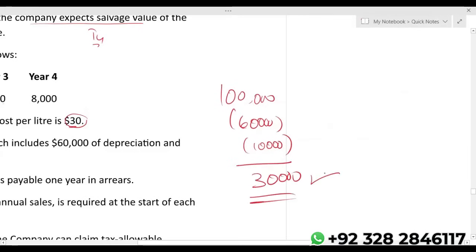It means the relevant fixed cost is only 30,000, because the examiner has given us fixed cost 1 lakh, but then has given more information that out of 1 lakh, 60,000 represents depreciation, which is not a cash flow, and 10,000 is apportionment of overheads, obviously irrelevant. So logically, the relevant fixed cost is 30,000.